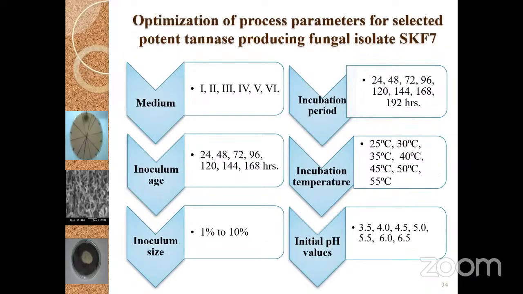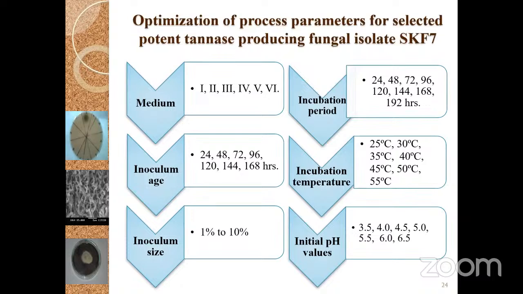After selecting the correct combination of agro residues and potent tannase producer, we optimized the physical and chemical parameters for the enhanced production of the enzyme. For the optimization, we selected certain physical parameters like inoculum age, inoculum size, incubation period, incubation temperature, and pH.